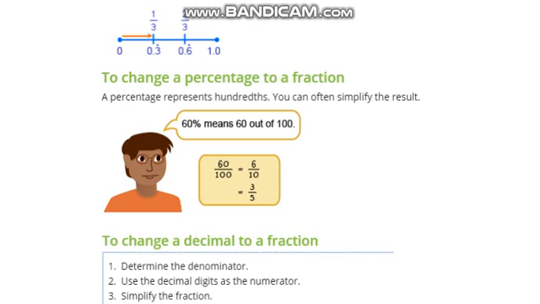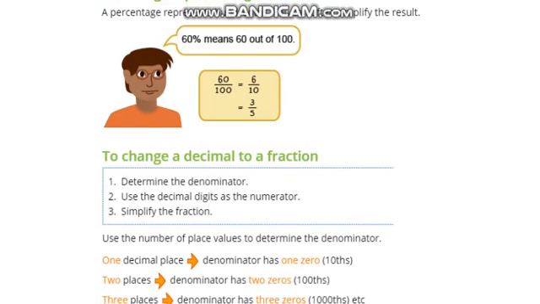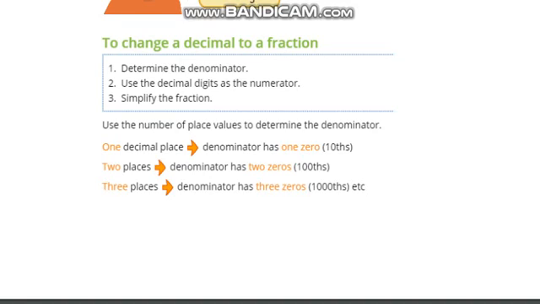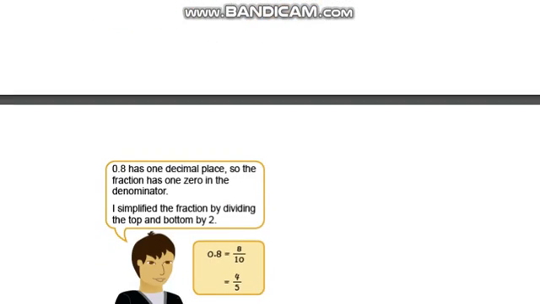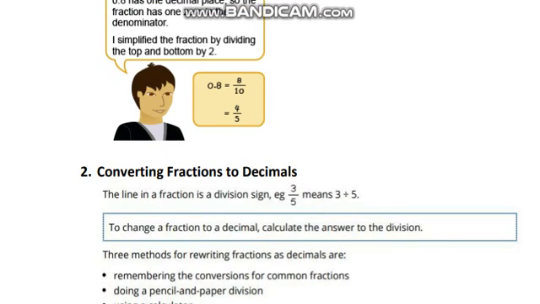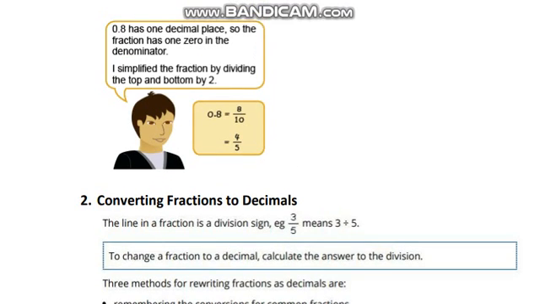How to change a decimal to a fraction? From a decimal to a fraction, we can follow these steps. The first is to determine the denominator. The second is to use the decimal digits as the numerator, and the third is to simplify the fraction. Here is an example. 0.8 has one decimal place, so it means 8 out of 10.